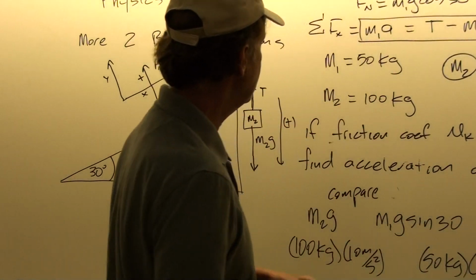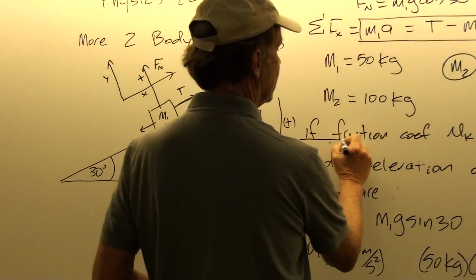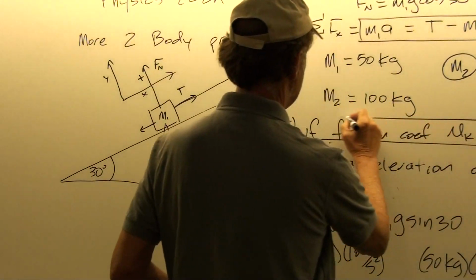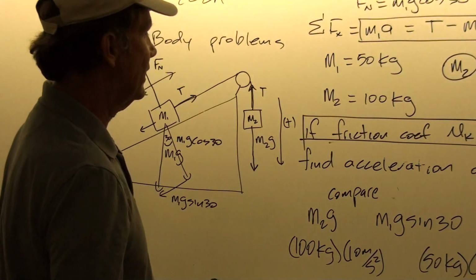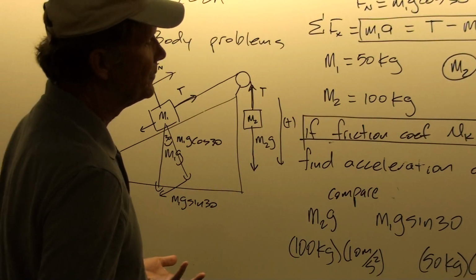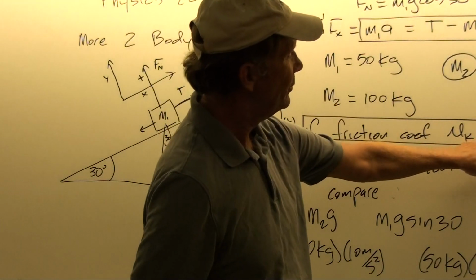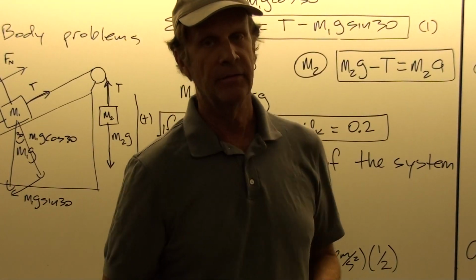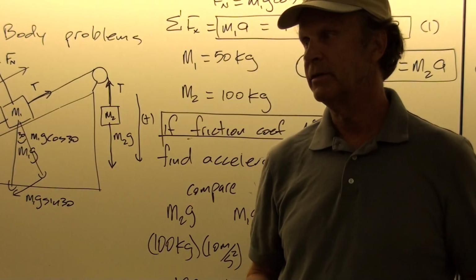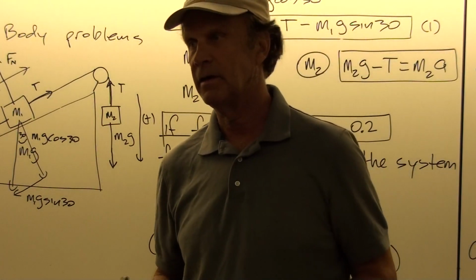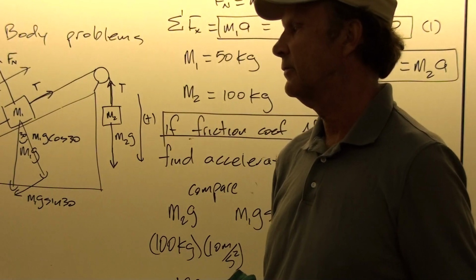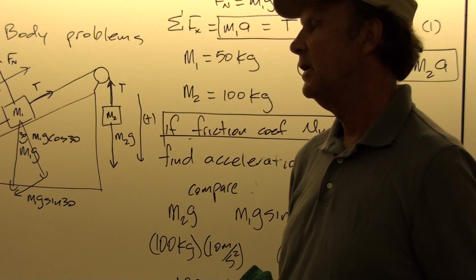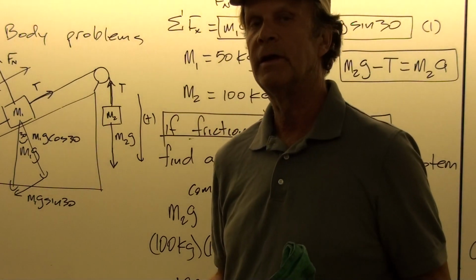Now remember that the coefficient for kinetic friction is a pure number. And so 0.2 then is not all that much friction. We looked before at different examples of coefficients of friction, and so that could be like wood on wood.